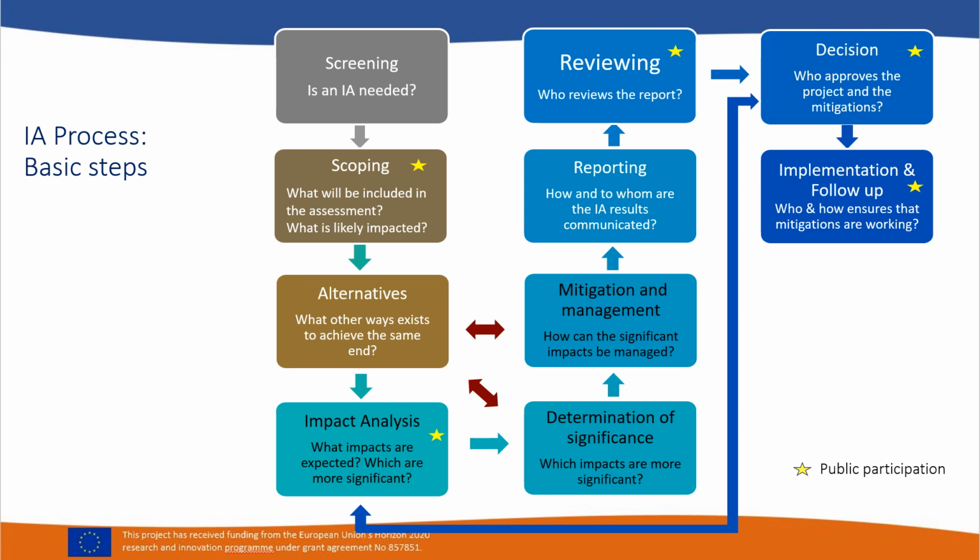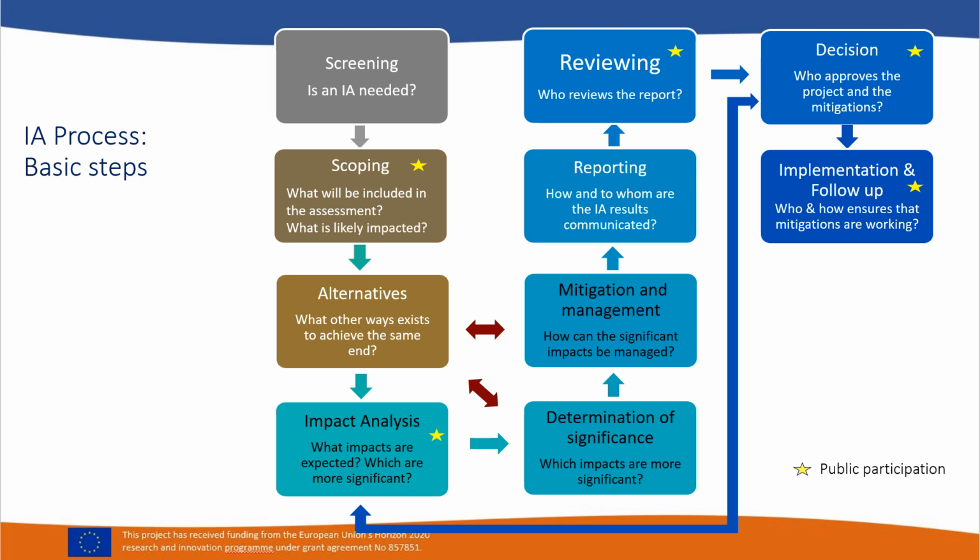Impact assessment is more or less consented worldwide, and that means that in most countries, all the evaluations of impact assessment will have the same steps, sometimes called differently, but the process that is followed is the same. We start with the screening, which is just to determine if an impact assessment is needed based on the type of project.